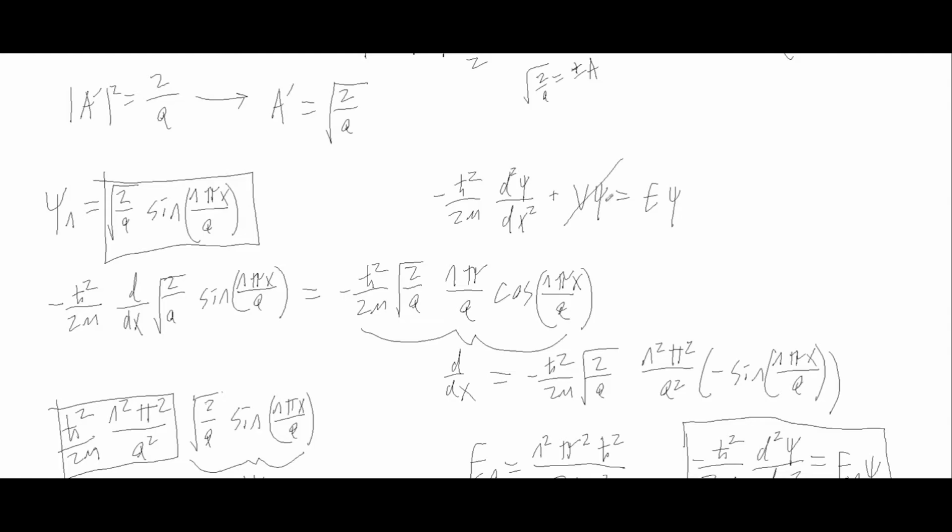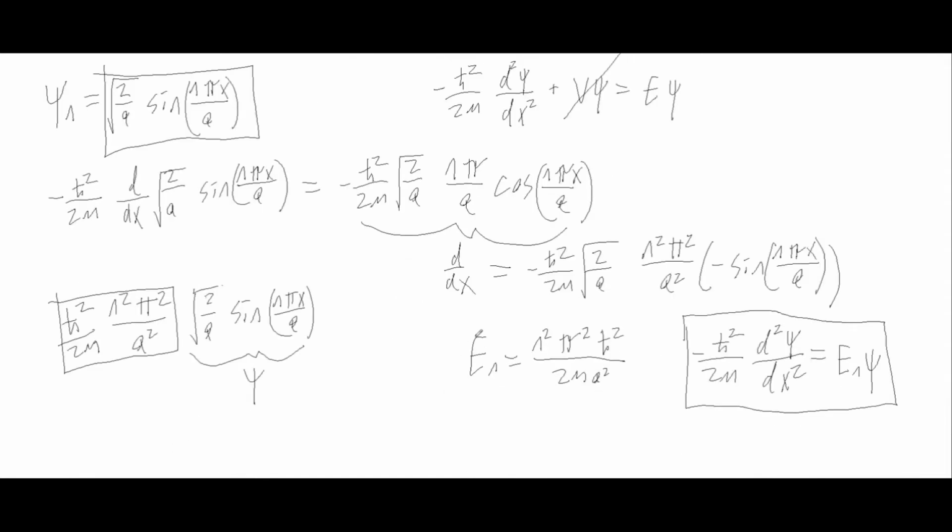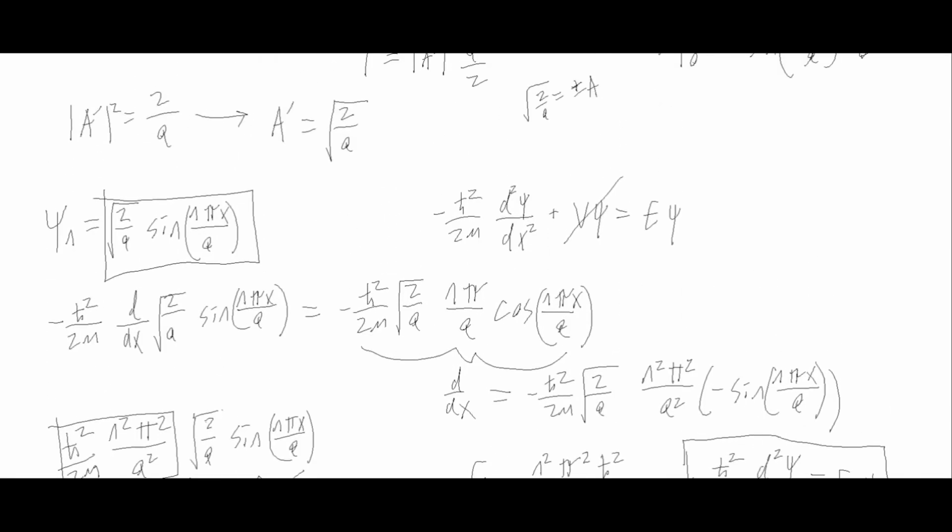It's the function that satisfies this equation, where we have E equal to this right here. And that's how you solve the Schrodinger equation. You're not looking for x equals whatever, like you do in algebra. You're actually looking for a function.